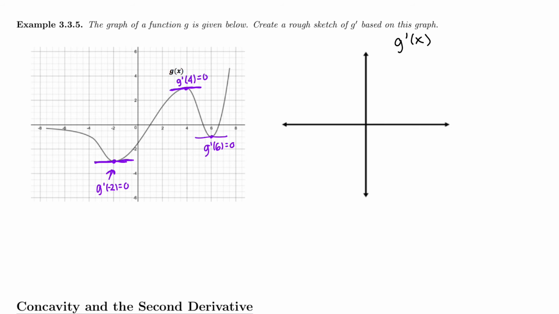Right, so I'm making this graph here. 1, 2, 3, 4, 5, 6. 1, 2. I know that g prime of -2 is 0. So when I'm graphing g prime, I know that the y value is 0 at -2, it's 0 at 4, and it's 0 at 6. So I can graph those points.